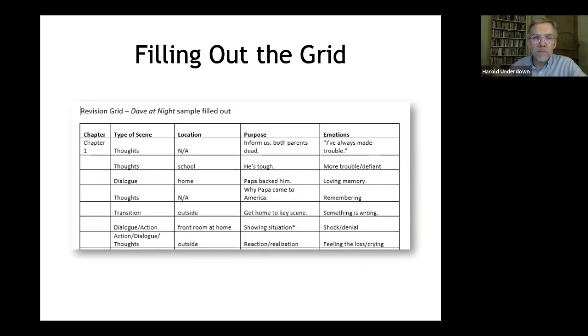He then moves on another short passage to talk about another way he makes trouble, which is making trouble at school. And you see him basically standing up to bullies and getting into trouble for it, which then leads to, in this case, a memory and a very short scene, which I'm calling dialogue, because that's what it is.